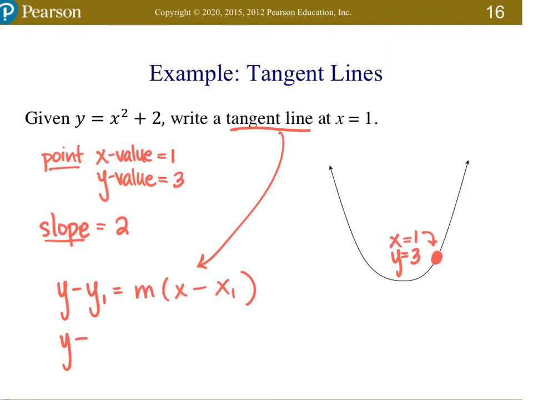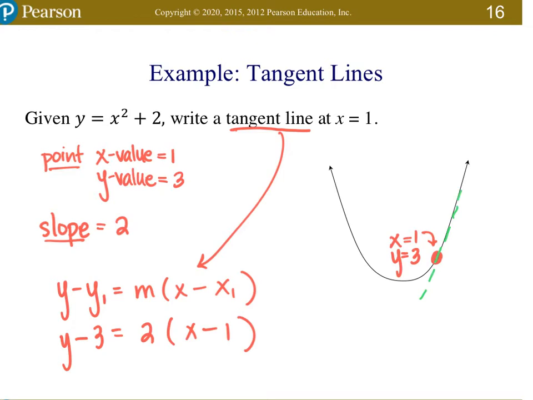So the y value was 3, the slope value is 2, and the x value is 1. And this is called the equation for that tangent line that went right through that little point right there, right through x is 1.